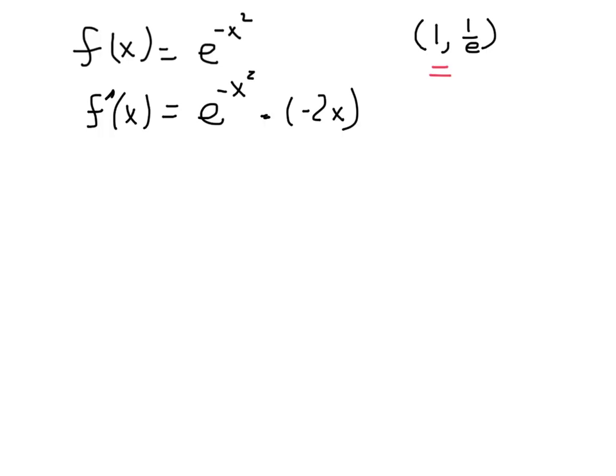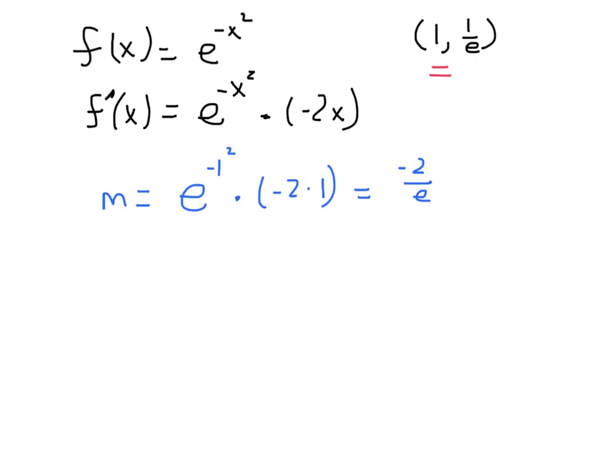So for us, our m is e to the negative 1 squared times negative 2 times 1. Now be careful here because this negative sign is a constant multiple, negative 1 times x squared. So this answer is really e to the negative 1 times negative 2, which would be negative 2 over e. Okay, that's our m.